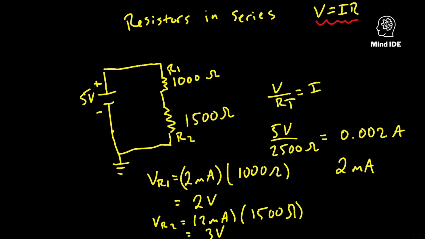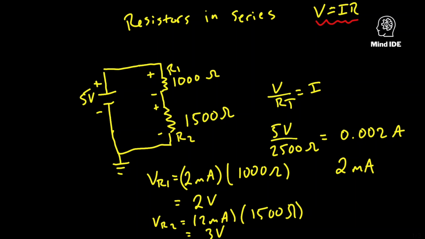And why does that make sense? Because according to Kirchhoff's voltage law, in this loop, our voltage needs to add up to 0. So we have 5, and you can look at this as plus, negative, plus.